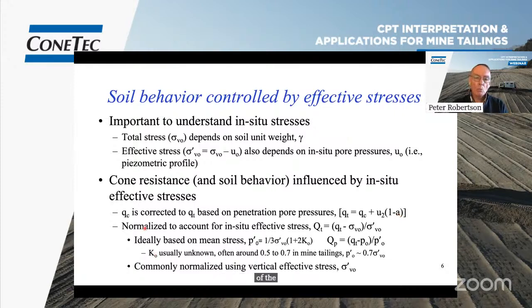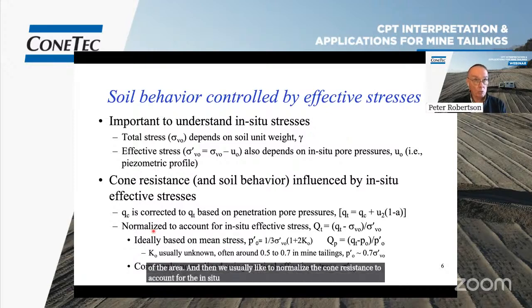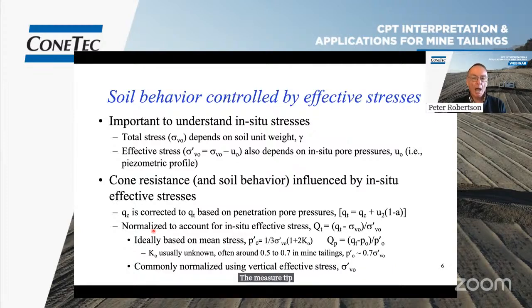And then we usually like to normalize the cone resistance to account for the in situ effective stress. So as you go deeper and the effective stresses get higher, the measured tip resistance gets higher, but it doesn't necessarily mean that everything is getting better. So you like to normalize the cone resistance as a function of effective stress.